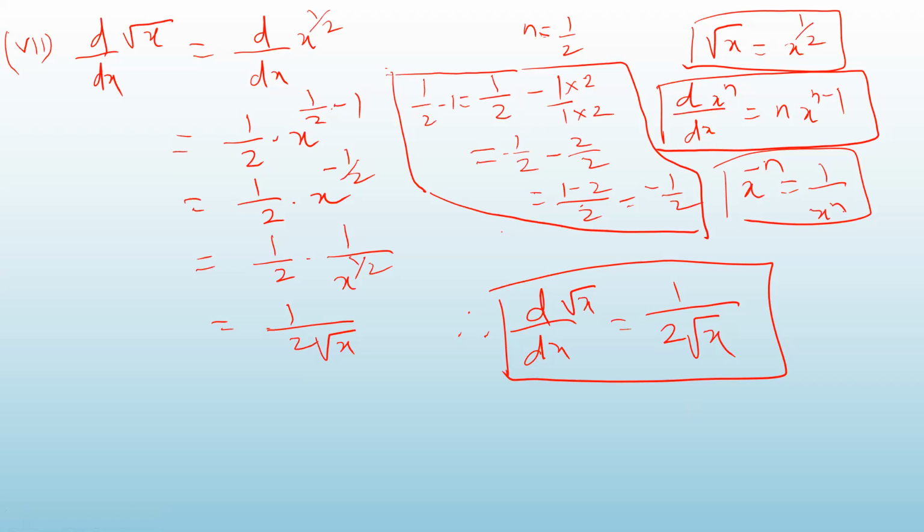Now let us find out what is derivative of x. Very simple one. Now look here. What is the power of x? No power is written. If the power is not written, it is 1. So it is the same as derivative of x to the power 1. Here the value of n is 1.